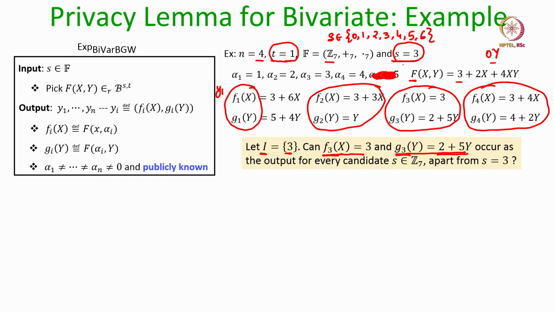By the way, I am fixing here the number of outputs which you are allowed to see to be of size t, namely t equal to 1.